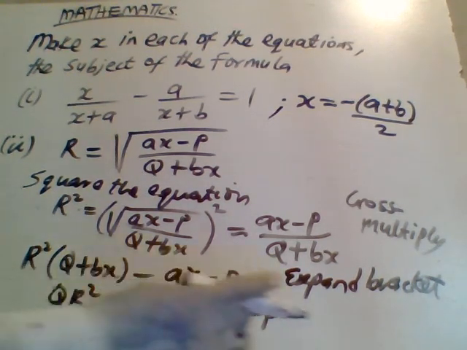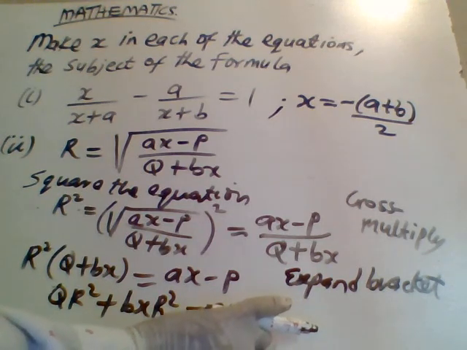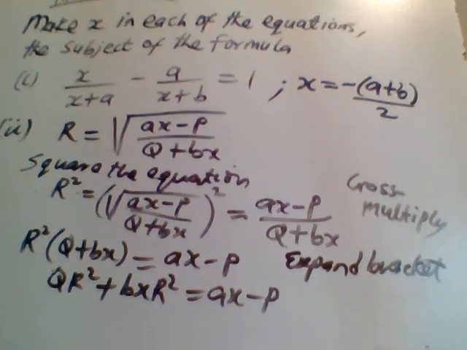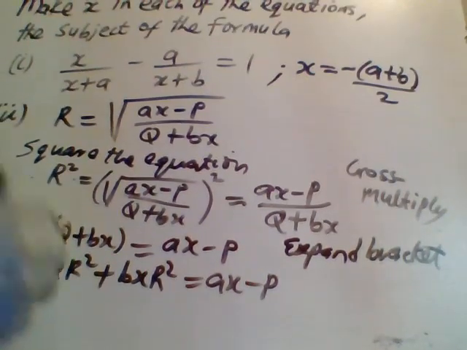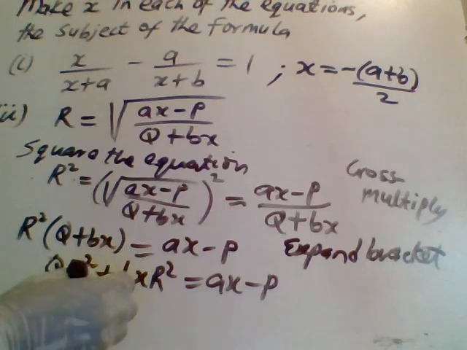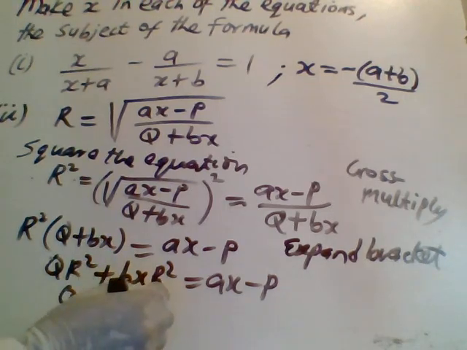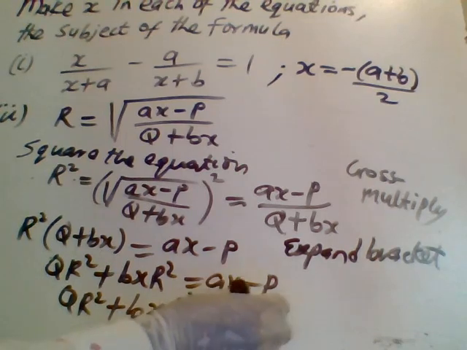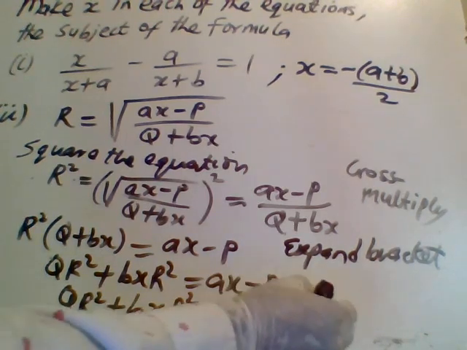So bring everything here to this side. Hope you are seeing it. We have q r squared plus bx r squared minus ax plus p is equal to 0.